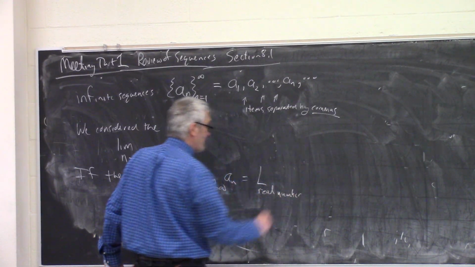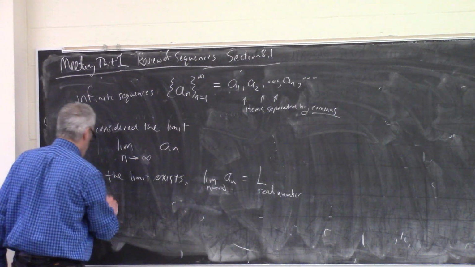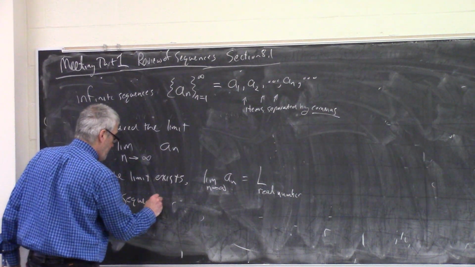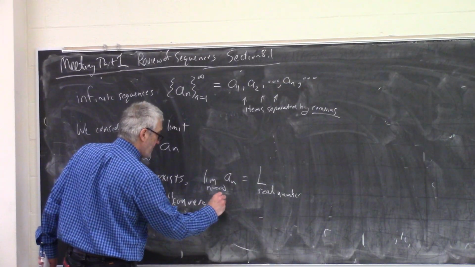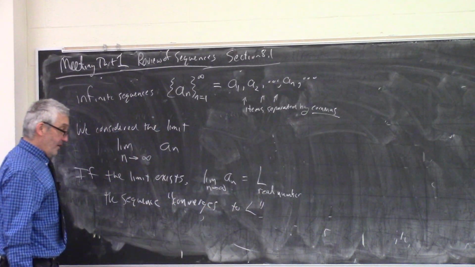So if the limit exists as a real number, then we say the sequence converges. Say the sequence converges to L.